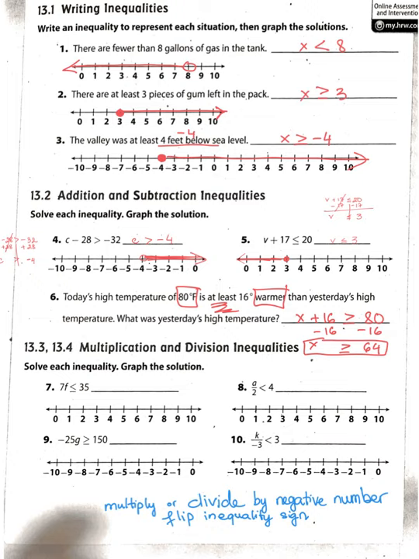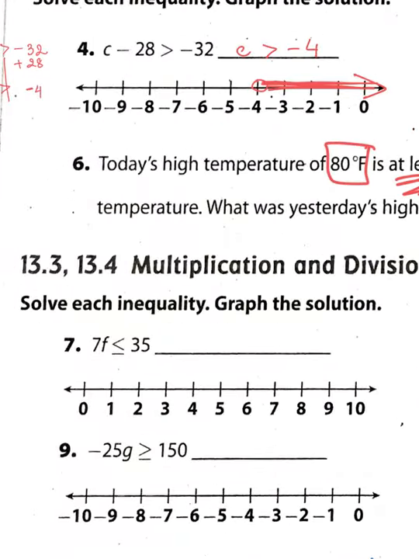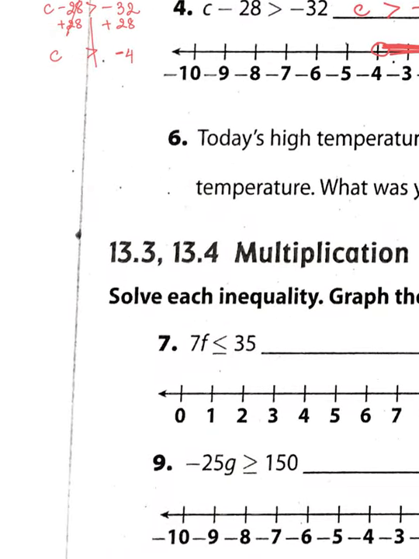Okay, number 7, we have 7f less than or equal to 35. So 7f means 7 times f. So the inverse of times will be divide. So I will divide by 7 on both sides.